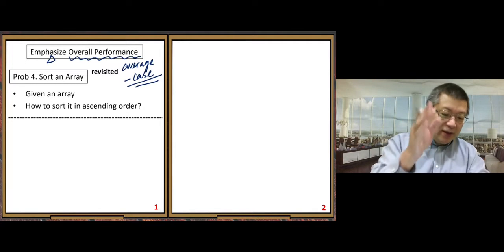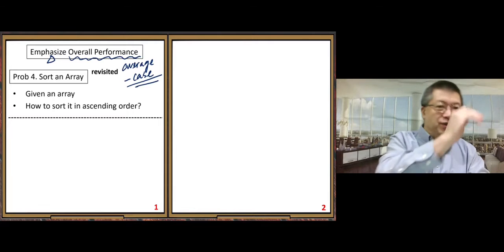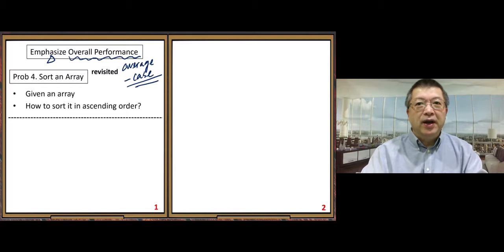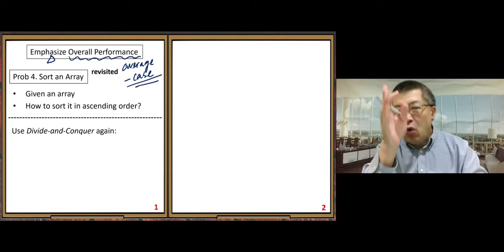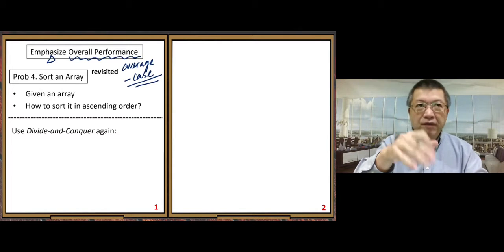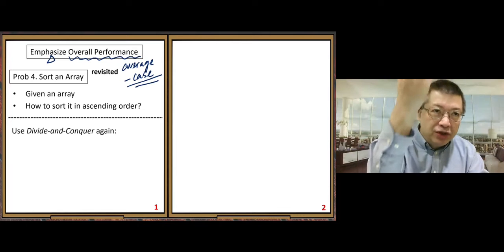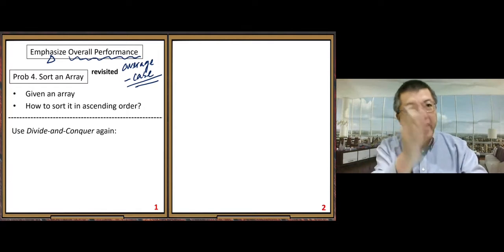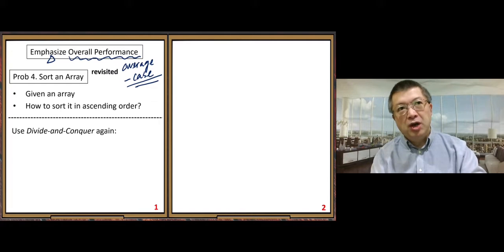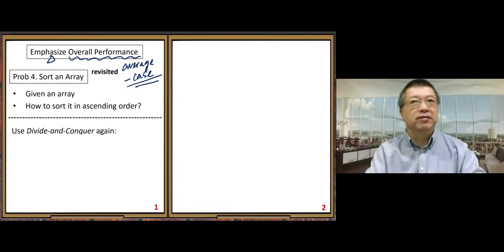First, let's look at the idea. How do we find a new sorting algorithm with very fast average case efficiency? We use the divide and conquer approach, but in a different way.